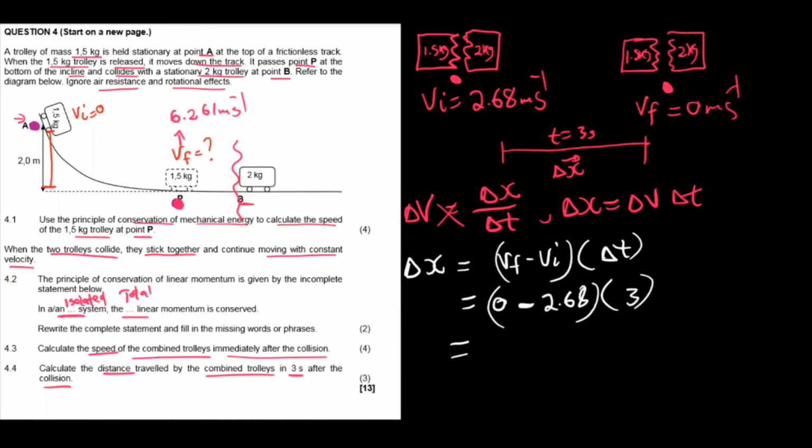So the displacement that you're going to find is 8.04 meters. So it's going to be negative 8.04 meters. You can just write it as 8.04 meters.